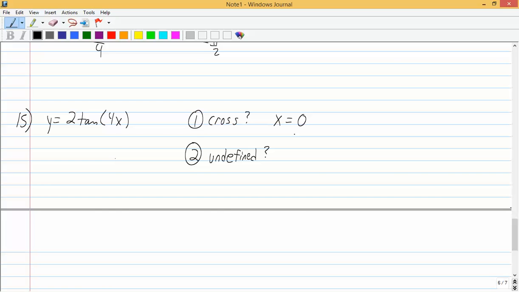Or, if you remember one place that it's undefined, like I always remember that the tangent of pi over 2 is undefined, then I can figure out one place by saying 4x equals pi over 2 and solving for x. So if I do that, I know that at x equals pi over 8, I'm going to have a vertical asymptote for this particular function.